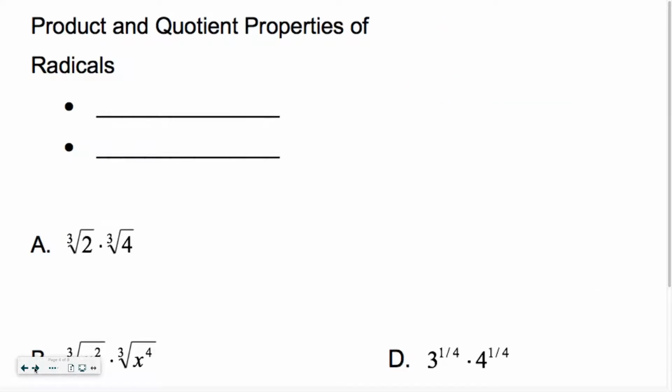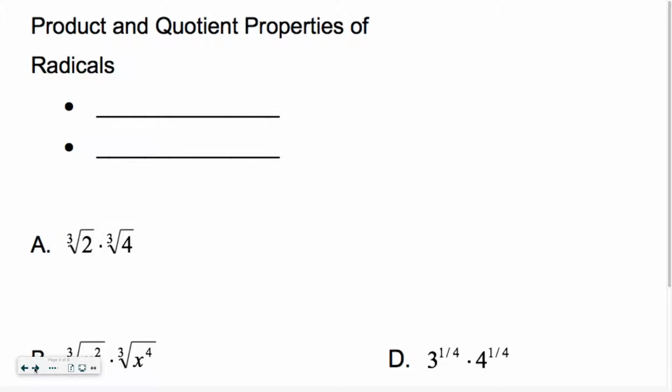Okay, now here's where things can sometimes get a little bit messier for us. It's not too bad, but it just gets to be a lot. Now, I would argue that you probably have already learned the product and quotient rules for radicals. We actually use the product rule a lot when we're simplifying radicals, so I'll show that to you as well.